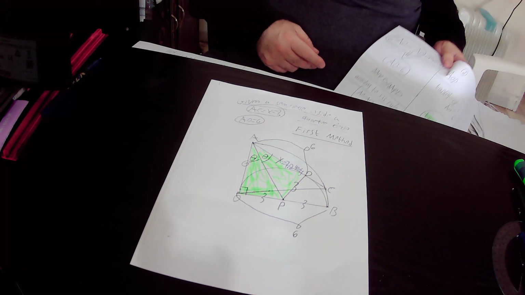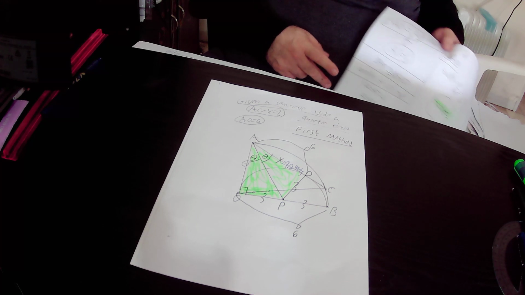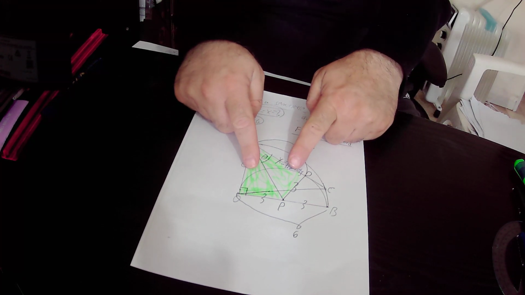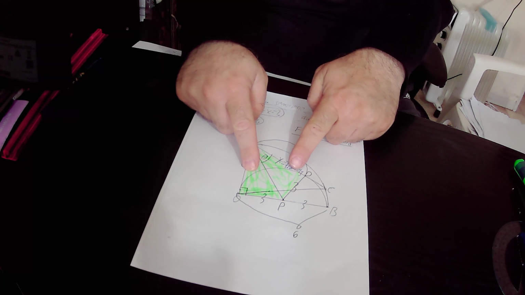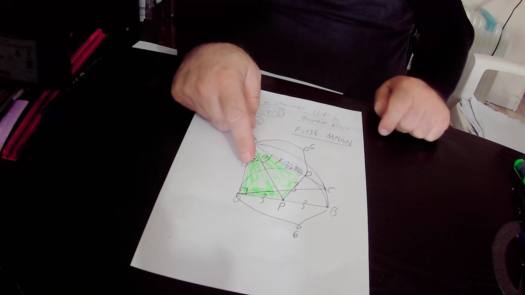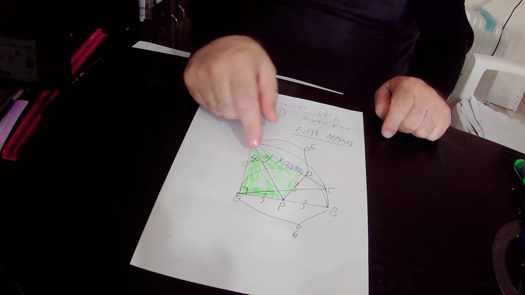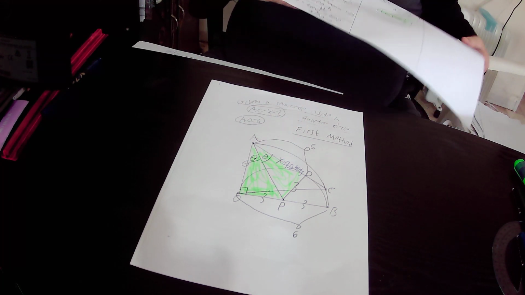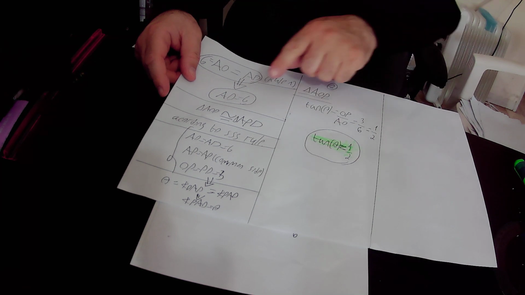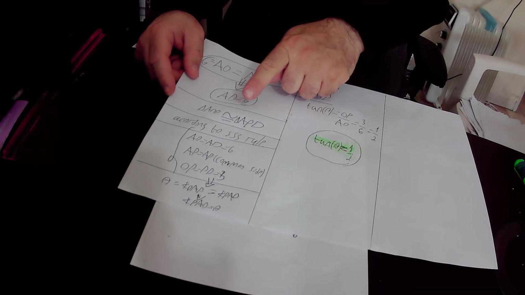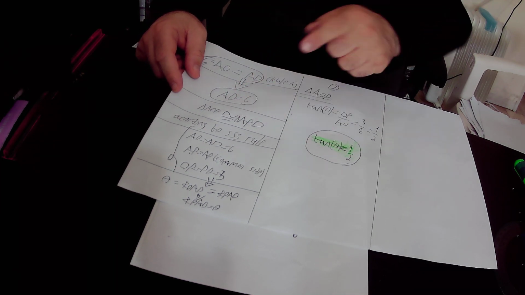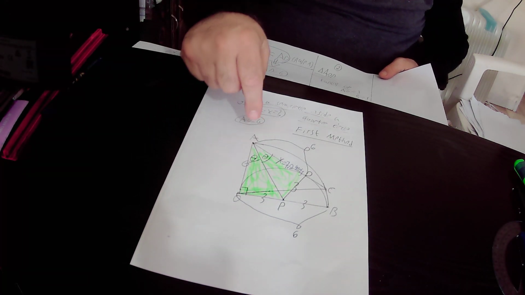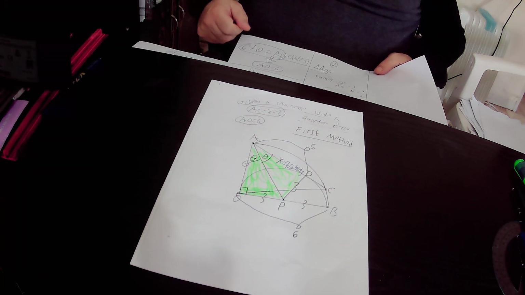In the next step, we proved that the two green right triangles are congruent according to the side rule. So why are those two triangles congruent? First of all, AO equals AD equals 6 units.